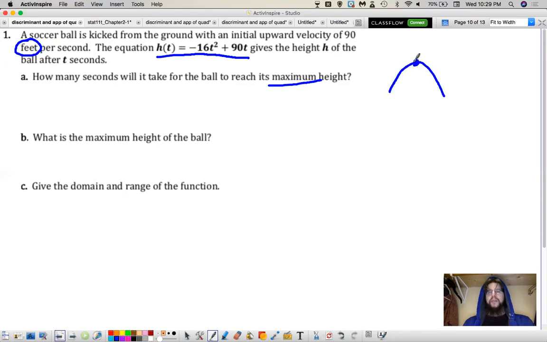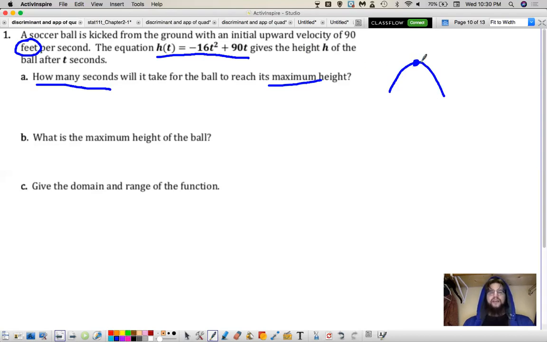We're looking for the maximum height. Well, that, if you recall, is your vertex. The y-coordinate would be the height, or how many seconds. So it's asking for how many seconds at first. So that'd be the x-coordinate, because t is time. So the t is actually your x here, and the h is your y.